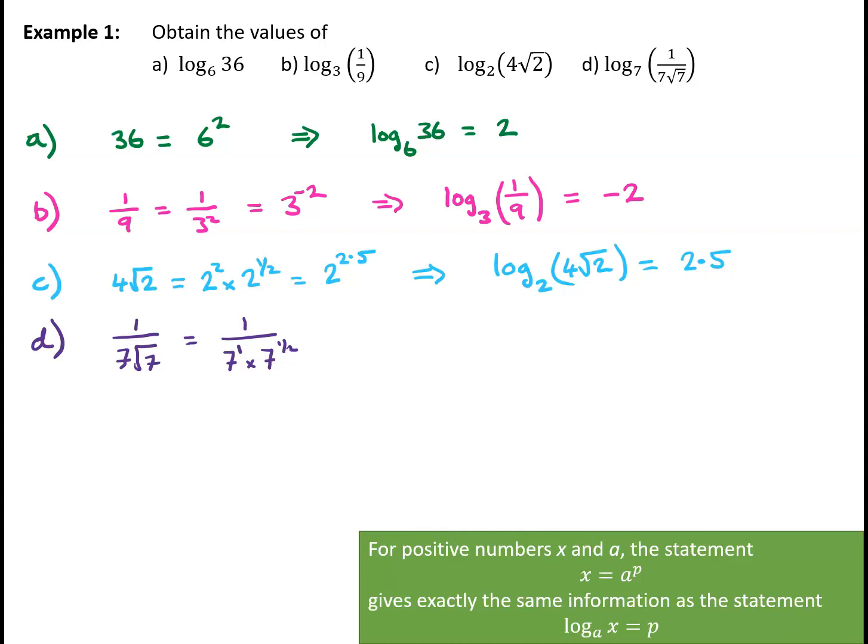So 1 over 7 root 7 is going to be the same thing as 1 over 7 to the 1.5. In other words, it's going to be 7 to the minus 1.5. That now means that I can say that log to base 7 of 1 over 7 root 7 is equal to minus 1.5.